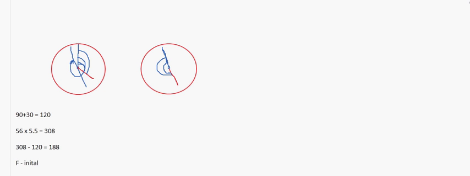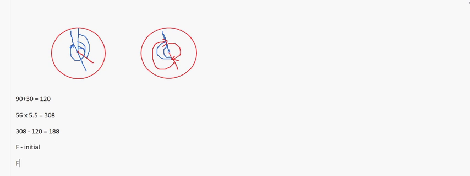So if the final position is in this direction, and we are measuring angle in this direction, this is the final angle, but what was the initial angle? This one, right? So this we consider as a negative angle. So what we say is final minus initial, which is minus 120, has to be equivalent to the relative distance traveled, and relative is 308, right?